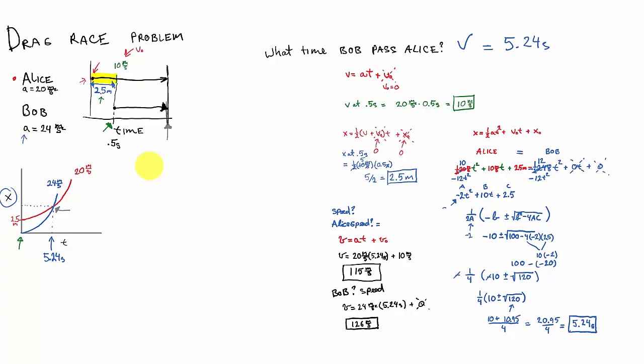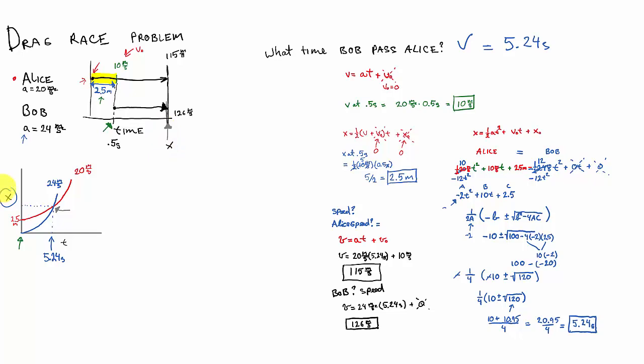Next, so we know the speed that each one of them is going. Alice is at this point moving at 115 meters per second. Bob is moving at 126 meters per second.